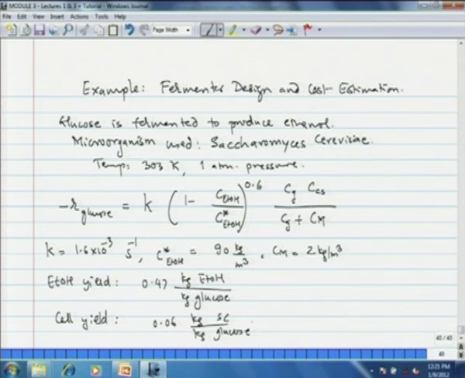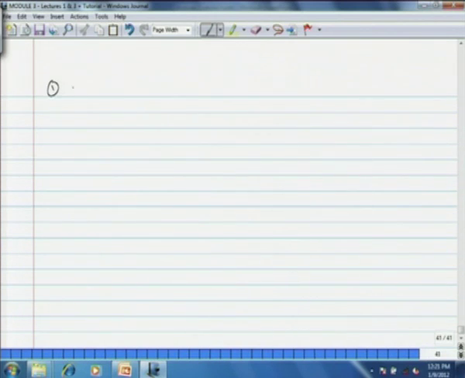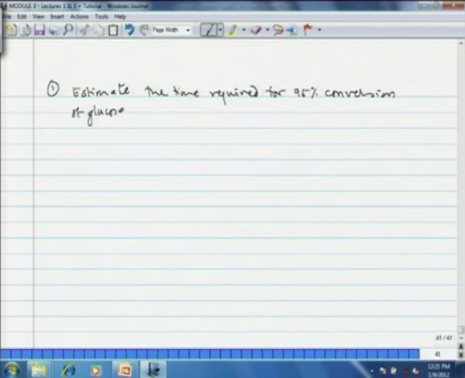Now, we have to first estimate the time required for 95% conversion of glucose in a batch reactor. Initial glucose concentration in the reactor is given to us as 15 kg per meter cube.